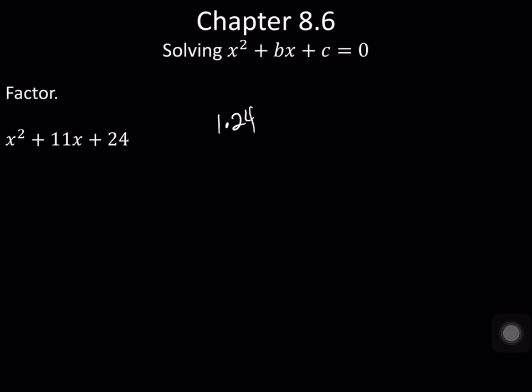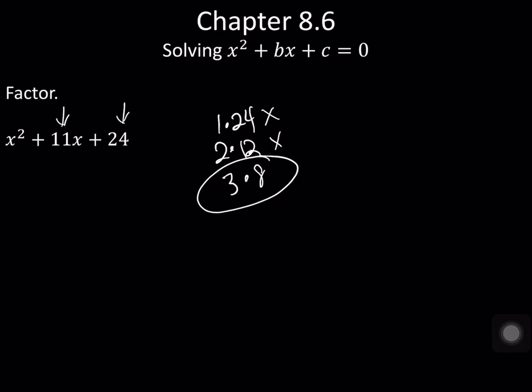No, so it's not 1 times 24. What about 2 times 12? Also gives me 24, but when I add them together, I don't get 11. 3 times 8 is 24, and it does add together to give me a positive 11. So it multiplies together to give me the 24, and it adds together to give me the positive 11. So 3 and 8 are the numbers that I'm looking for.